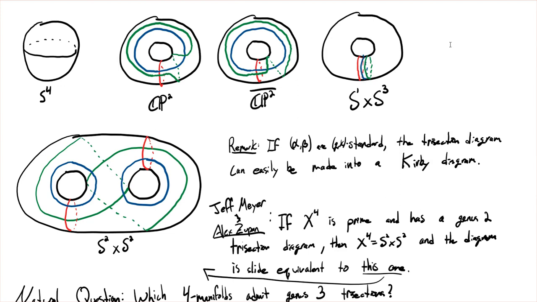And so that'll give you a framed link with dotted one-handles present, and that will be your Kirby diagram.